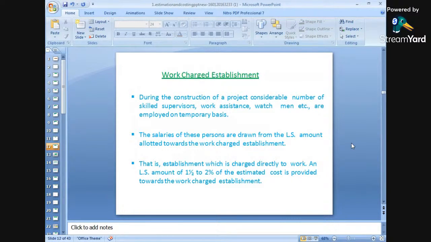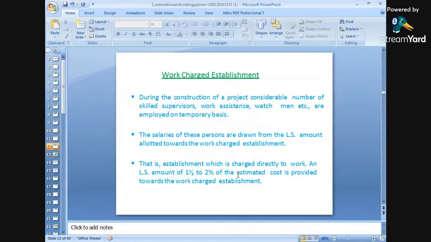The salaries of these persons are drawn from the lump sum amount allotted towards the work charge establishment.